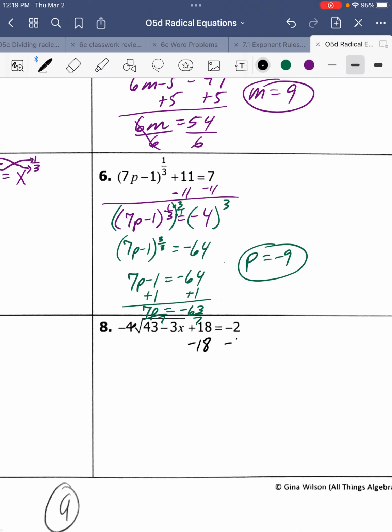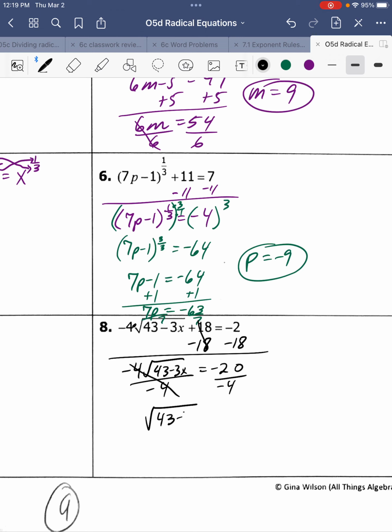All right, next one, we have a multiplication and an addition. We have to do a reverse order of operations, so I'm going to subtract first. I'm going to divide. Now that the radical is isolated, we square.